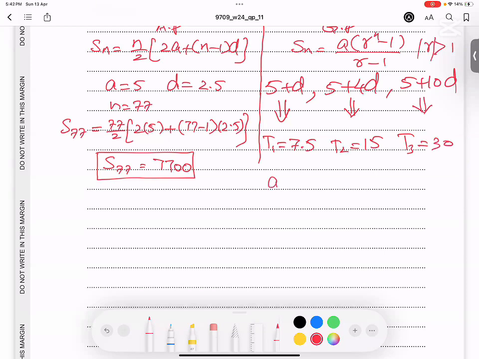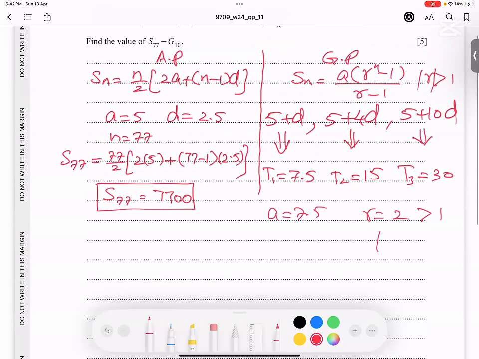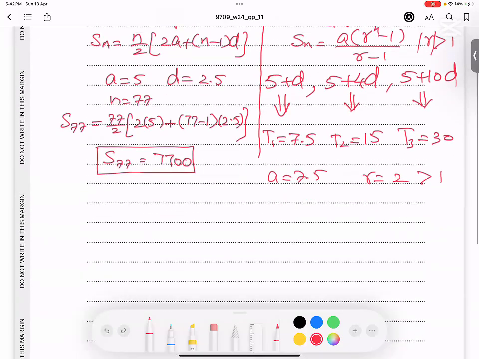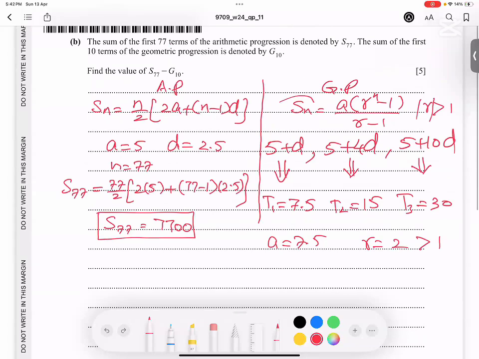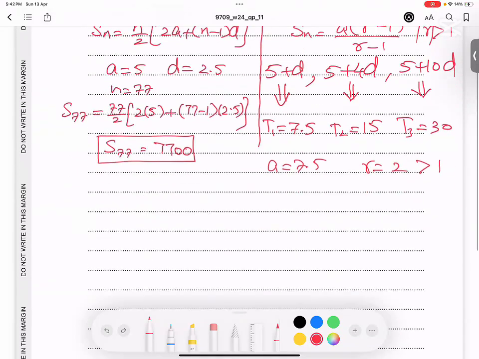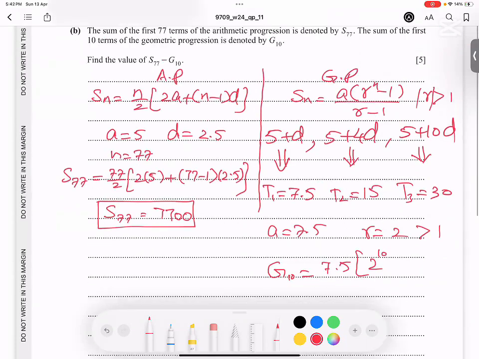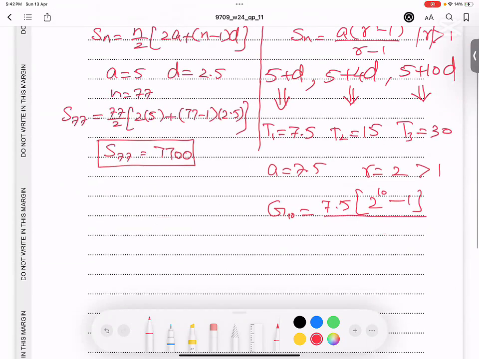And what is the first term? 7.5. For the common ratio, this up, this down, I got 2, which is more than 1. So it means the formula I'm going to use is the correct formula. I'm looking for G10. So G10 is the first term of the geometric progression times (r to the power 10 minus 1) over 2 minus 1.